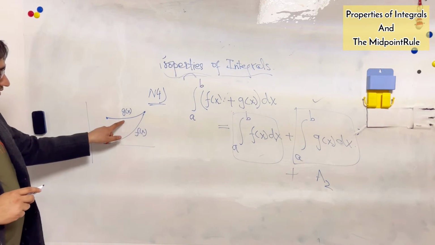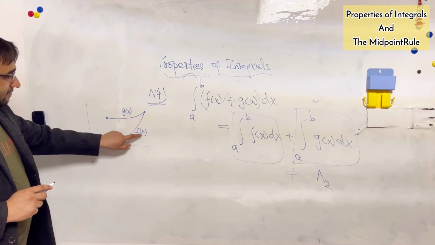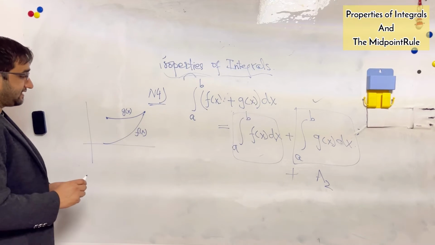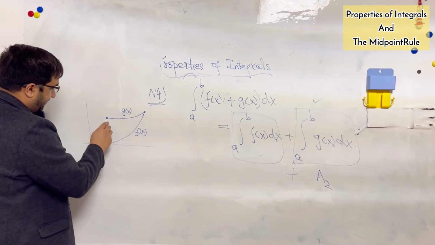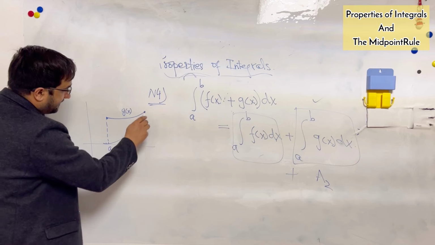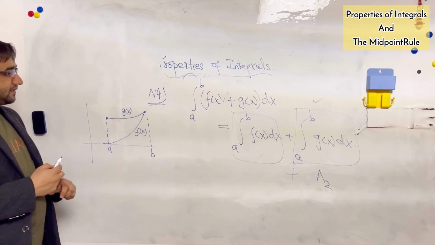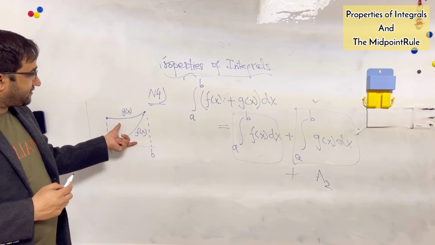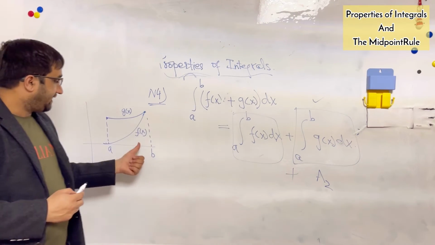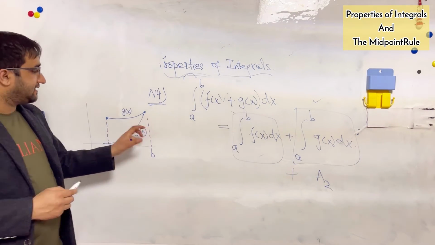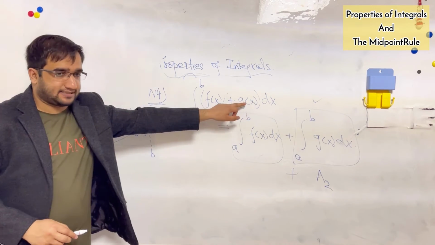These are the 2 curves, and these are the points a and b. Then this thing is written like this: f of x plus g of x together, dx.